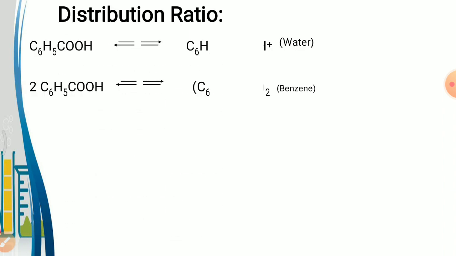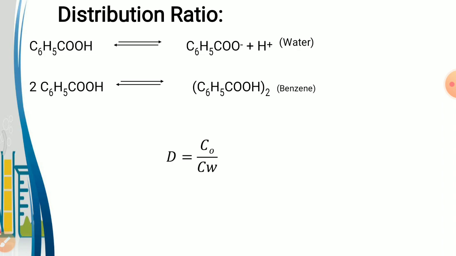Now let's see what is meant by distribution ratio. In some cases, the solute which is to be distributed in immiscible liquids may undergo either dissociation or association in one or both of the liquids. Let's see this with an example of benzoic acid.